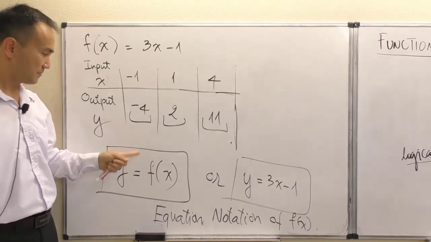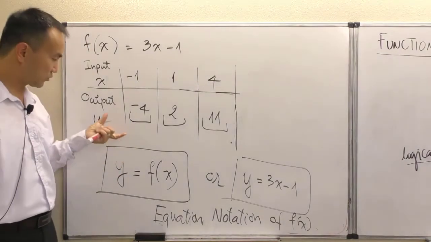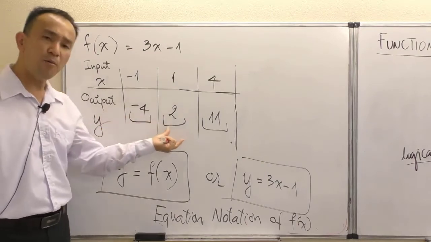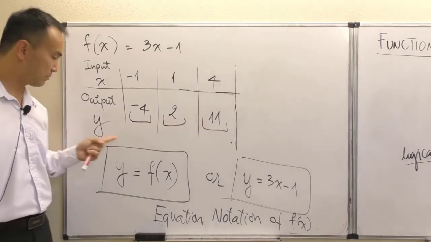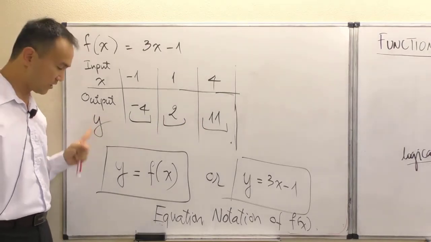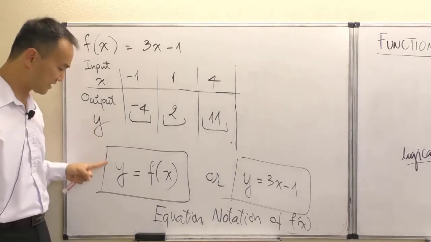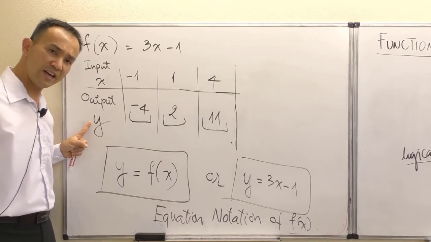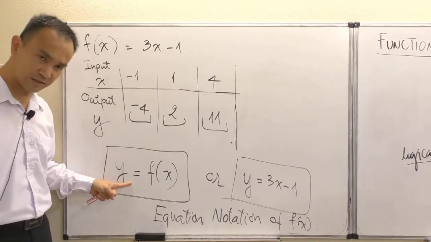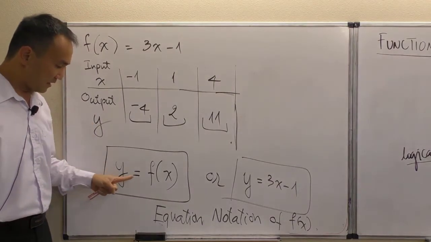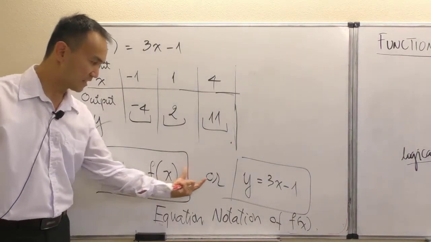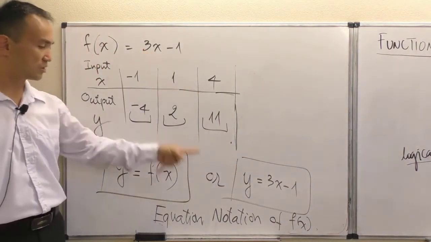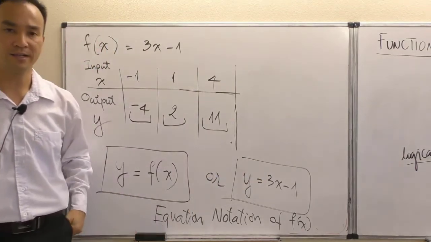And once we have seen the idea that the outputs can be a value, then any of these outputs can be regarded as a variable. Here in this table I named that y. So y is a variable that equals the output value of this function, and specifically in this case, y equals 3x minus 1.